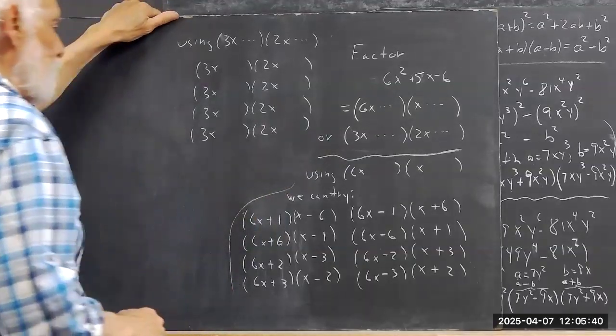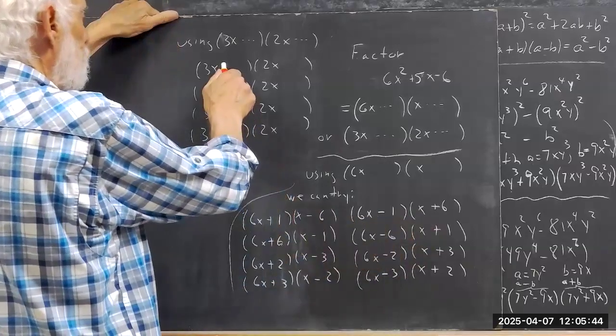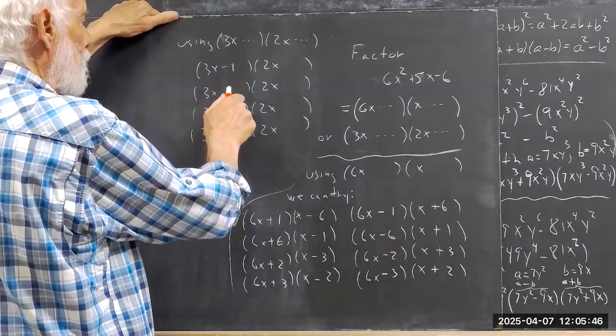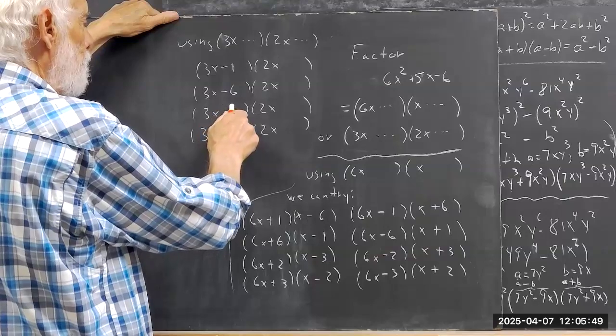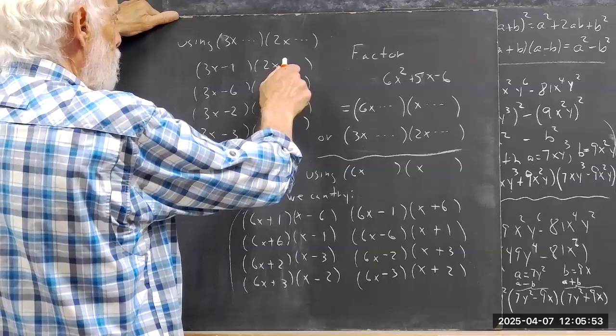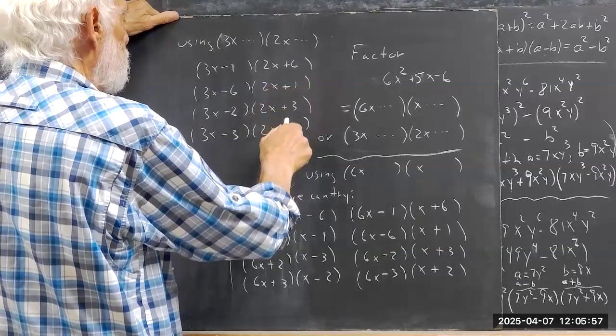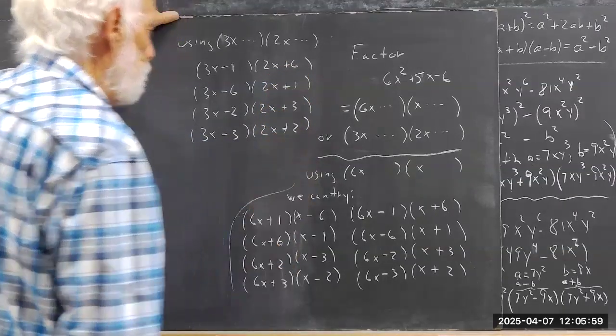Okay. So let's go ahead and put in the same numbers we did over here: -1, -6, -2, -3, and then +6, +1, +3, +2.